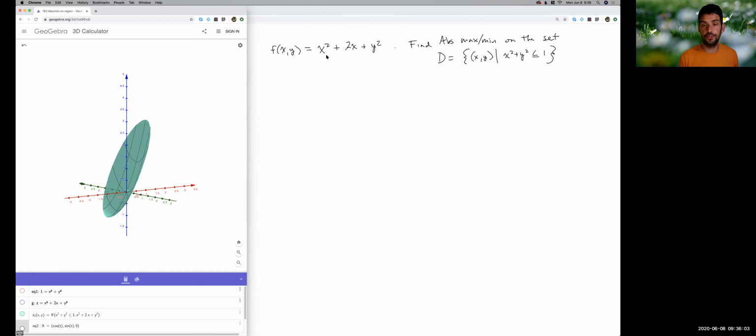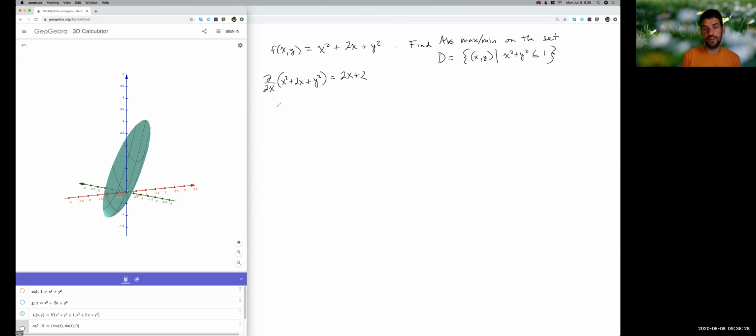Well, first we find the critical points, right? The critical points are where the x and y derivatives are 0 at the same time, right? So let's look at our derivative with respect to x. We get 2x plus 2.